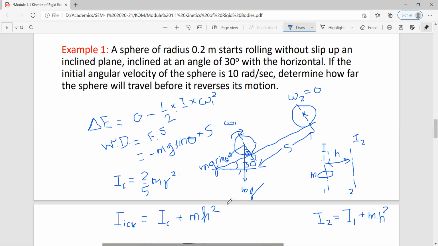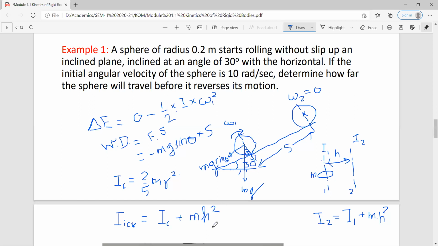Now what is h? h is the distance between these two axes. One axis is passing through the center of the sphere, and one axis is passing through the point of contact here. So what is the distance between these two? The radius.